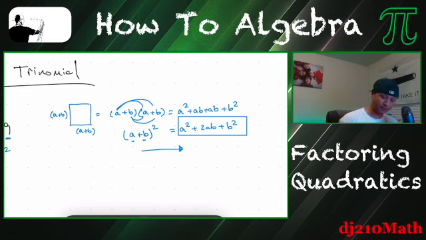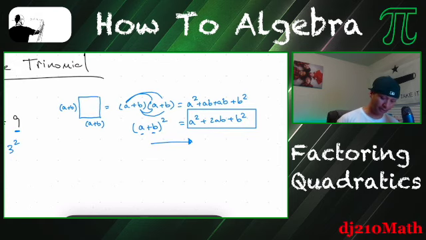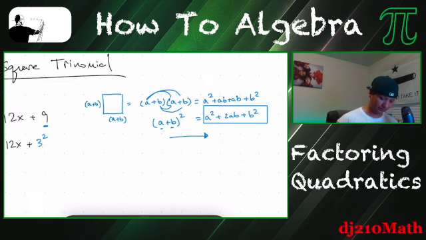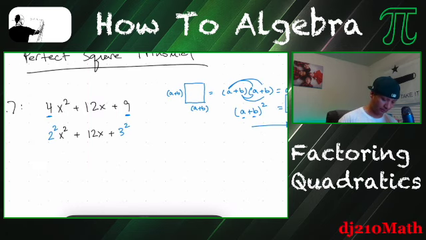So a plus b squared will always be a squared plus 2ab plus b squared, no matter what a and b are. So the thing I'm looking for is a squared plus 2ab plus b squared. You can kind of see that a is 2 and b is 3.